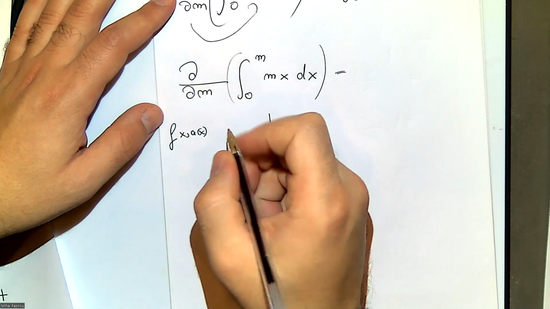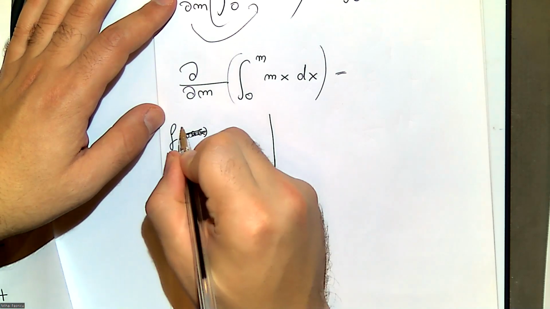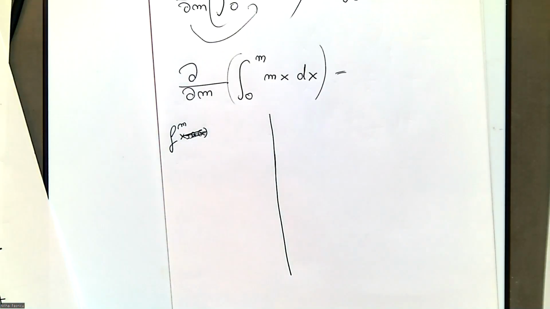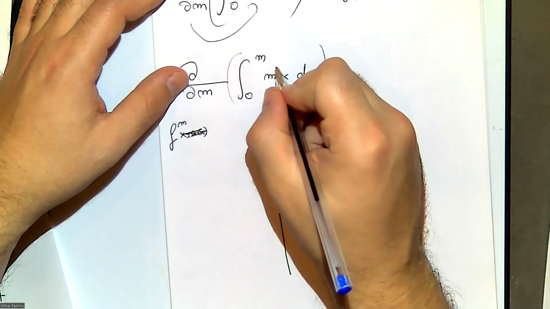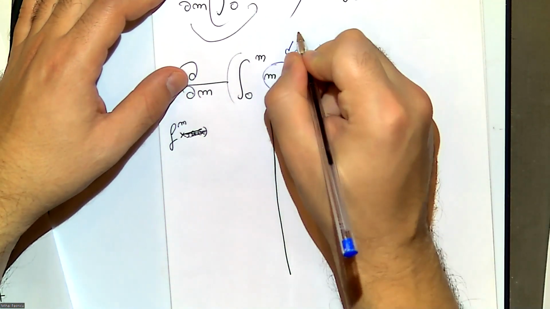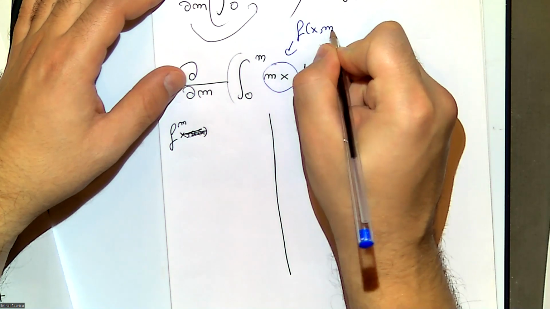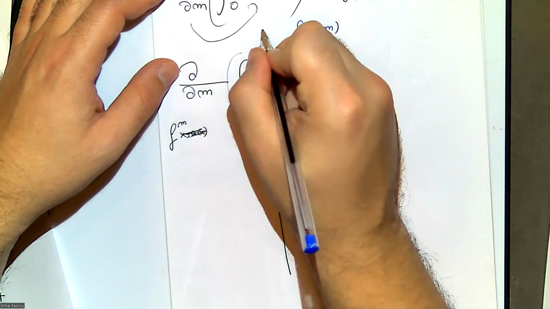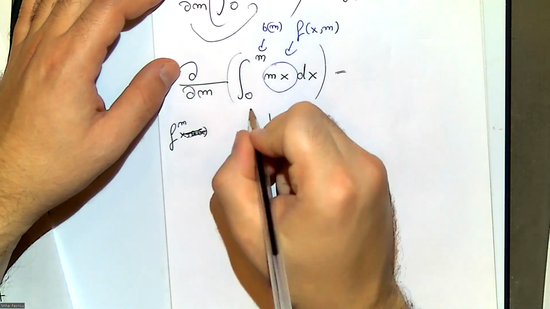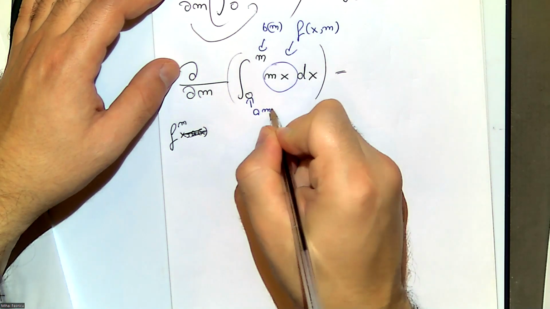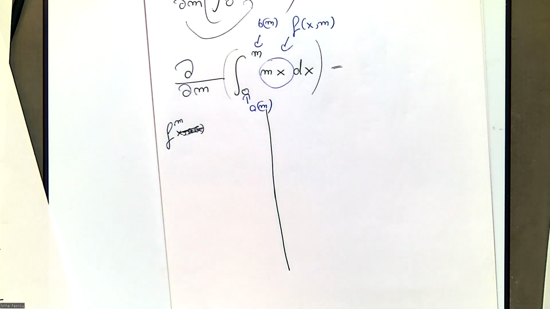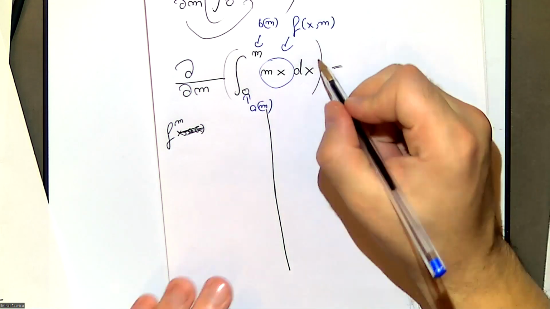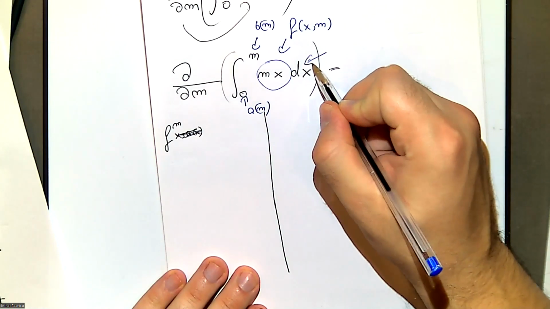Well, in this case it gets a little bit more complicated, because this function over here is a function of x and m. This is b of m, and this is a of m.